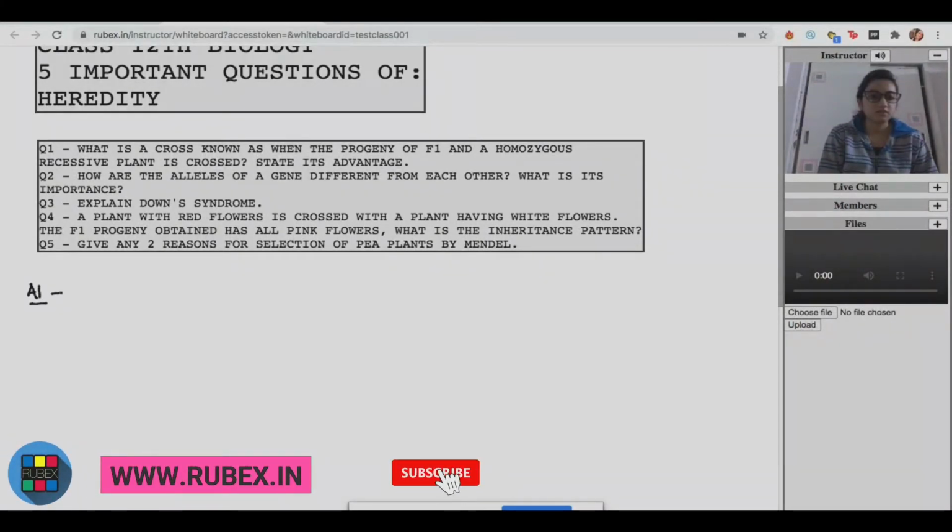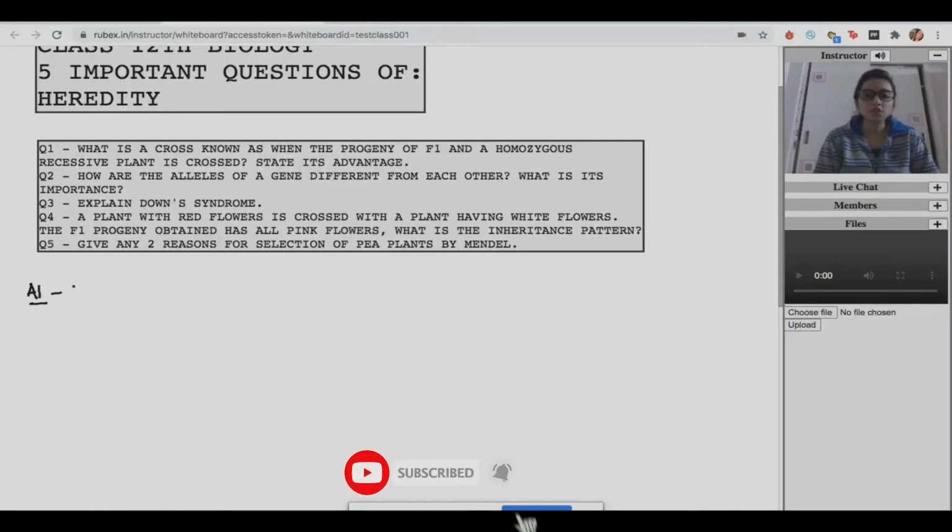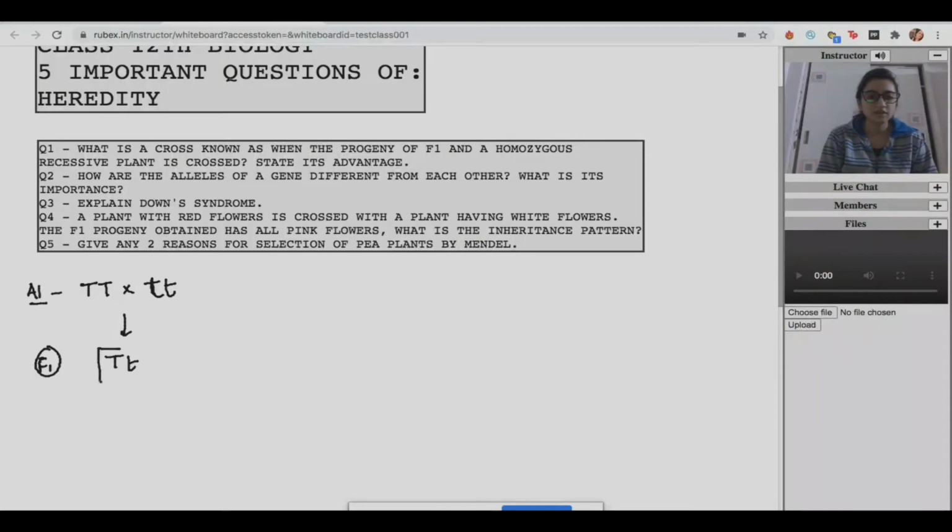The first question: what is a cross known as when the progeny of the F1 and a homozygous recessive plant is crossed? State its advantage. Let's talk about the F1 progeny first. You are crossing your F1 plant with the homozygous recessive parent.